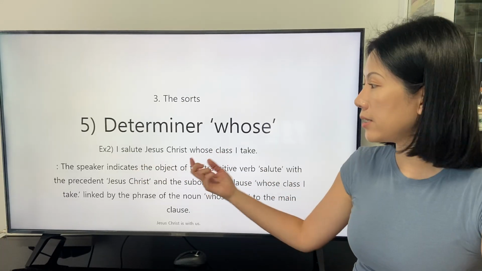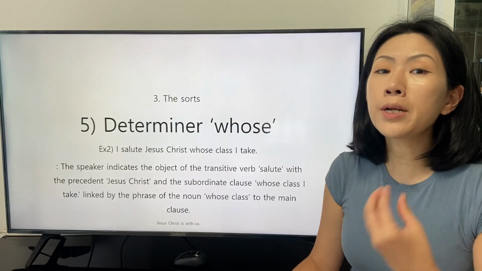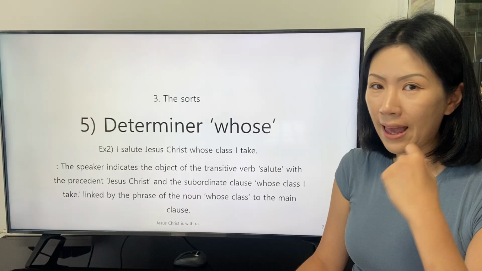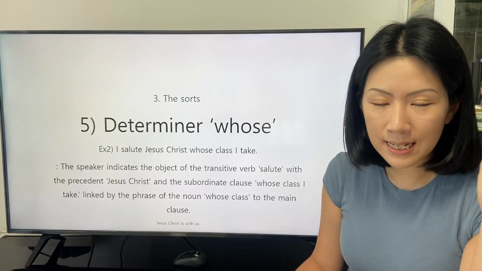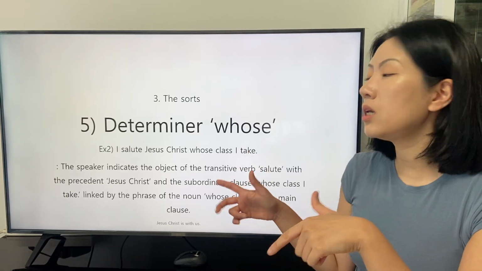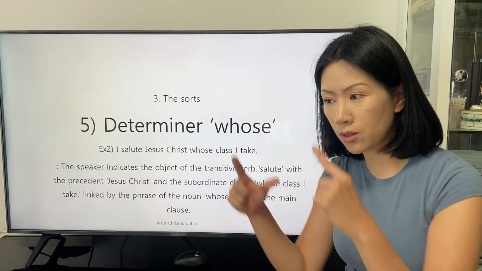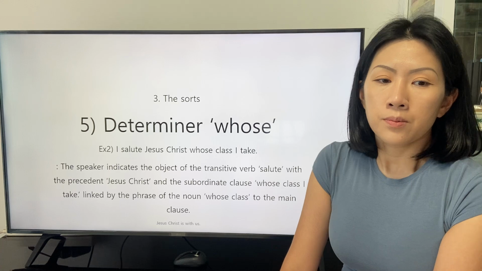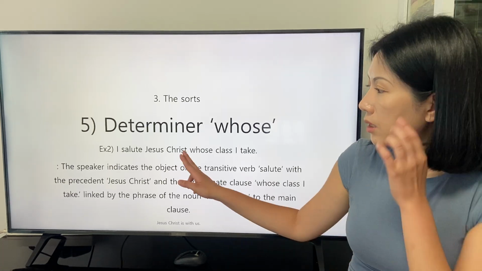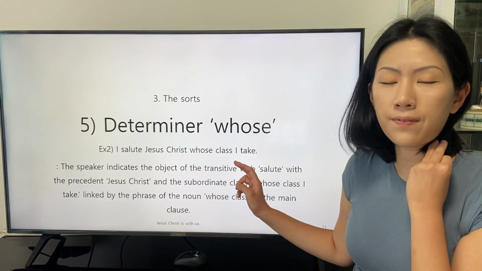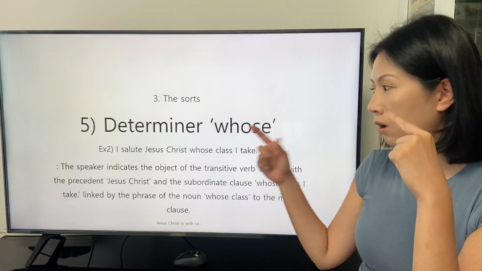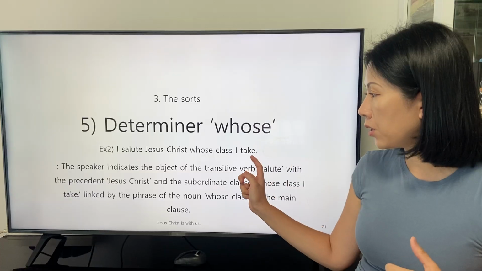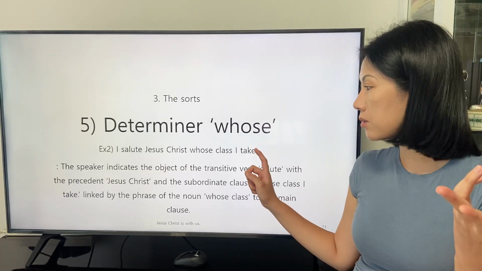So the speaker applies the determiner whose, and we get information about the object that belongs to the precedent, Jesus Christ. And in the subordinate clause, we find that the phrase of the noun whose class is the object of the transitive verb take.